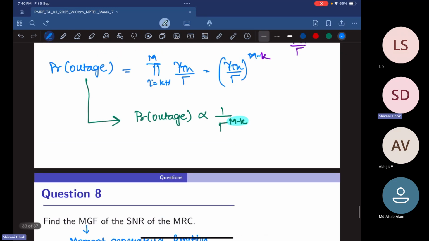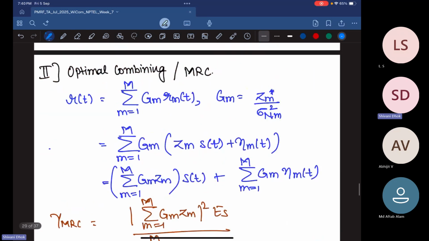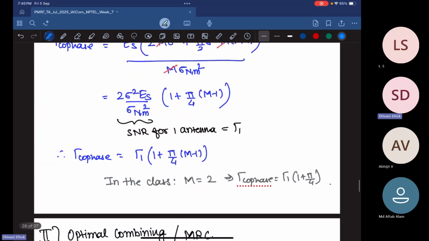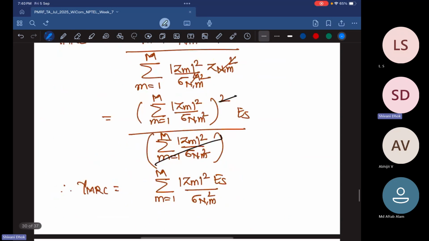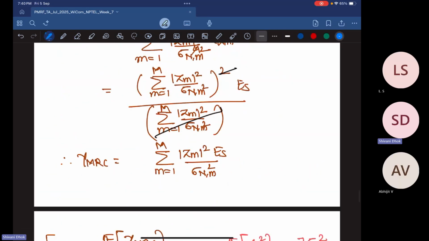We want to find the moment generating function for the SNR of your MRC scheme. Let us go back here and stay here for one minute. This was the instantaneous SNR of your MRC scheme.